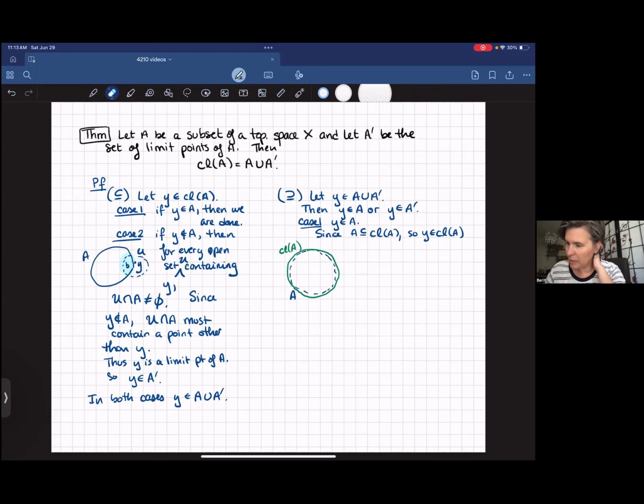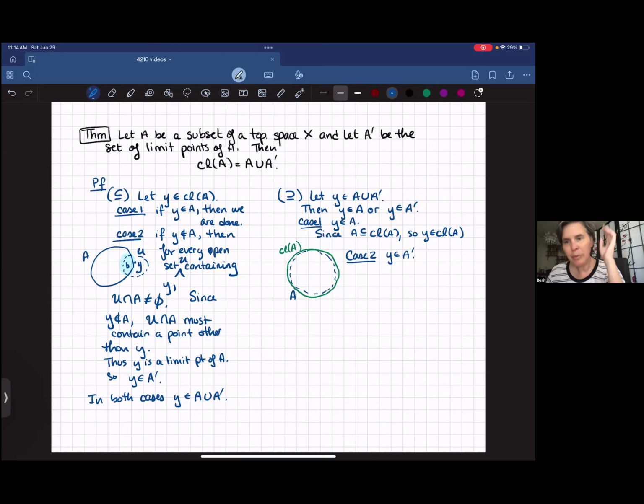Now the second possibility, case two, y is in A prime. And the reason these are my two cases, again, is that I have this or statement right here that tells me it has to be one or the other. So those have to be the two cases that I would consider.